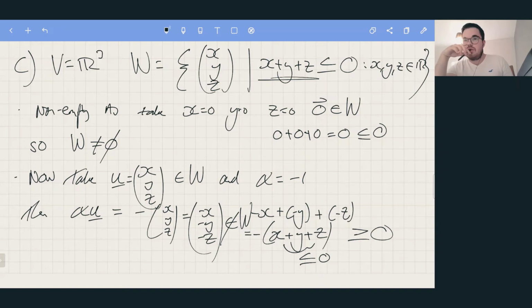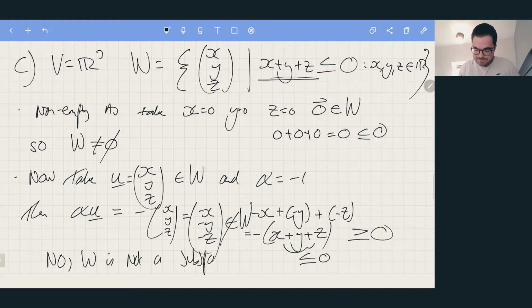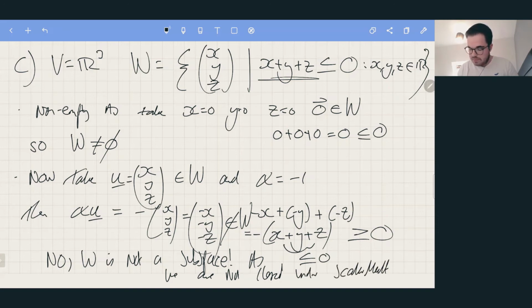That's it. So in that case, no, W is not a subspace, as we are not closed under scalar multiplication.